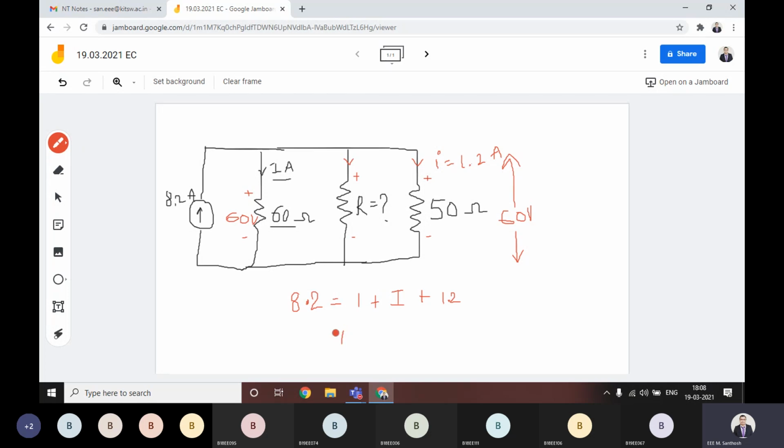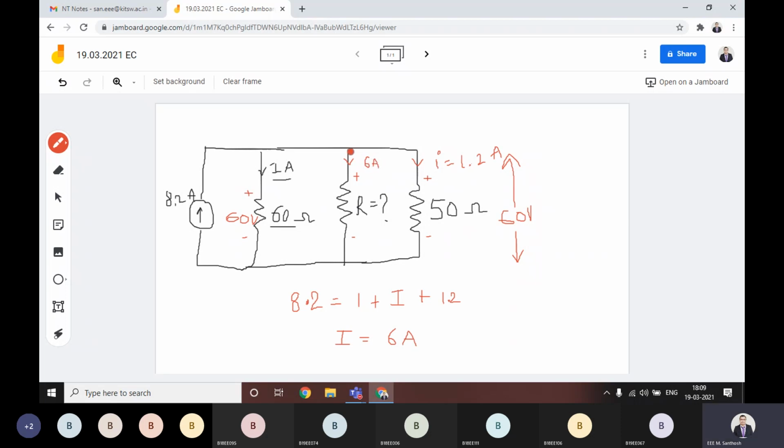Simply, what is the value of I from this? Moving 2.2 to the other side, you will get I as 6 amperes.